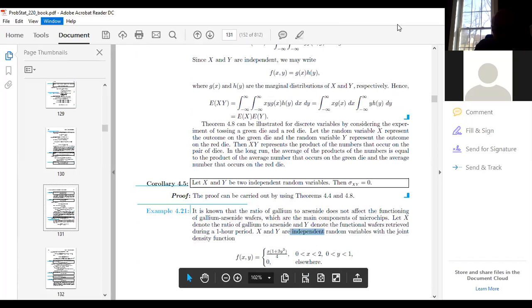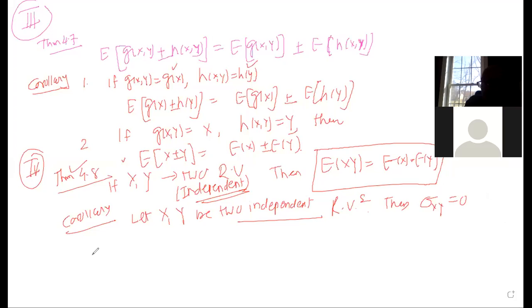So let me stop sharing this one and start sharing my whiteboard again. I think it's better if I clear the drawing and write it down separately. Okay, so example number 4.21 in the book.